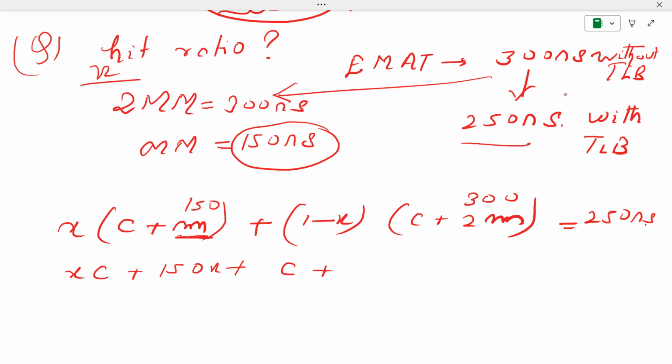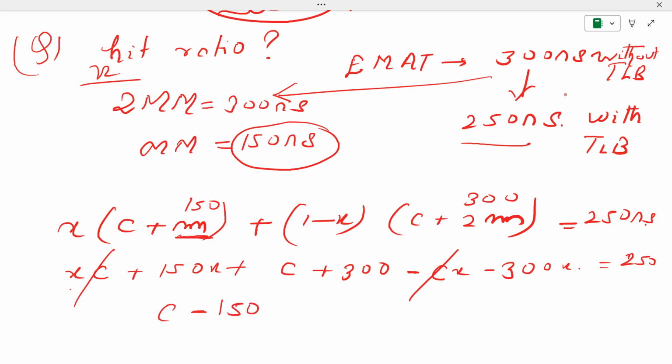So from here we get c plus 300 minus c x minus 300 x equal to 250 nanosecond. Now from here we can do some reduction, like xc is cancelled, and then this becomes c minus 150x plus 300 equal to 250.